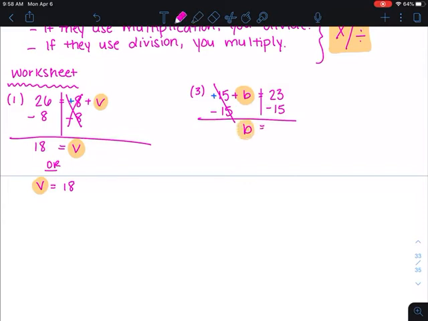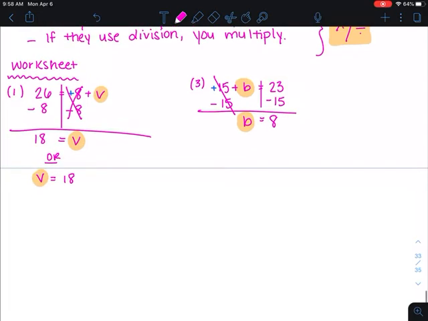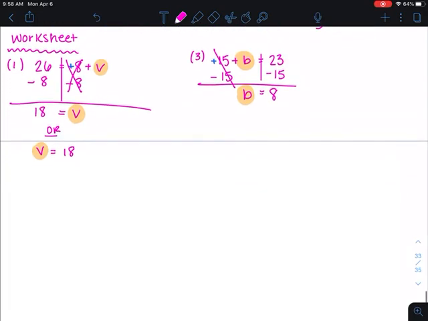We're solving for b, so my b is going to come down. My equal sign will stay where this line was. And 23 minus 15, take a second to think about that. 23 minus 15 is 8. So b is equal to 8. Our variable is by itself, so the problem is complete.